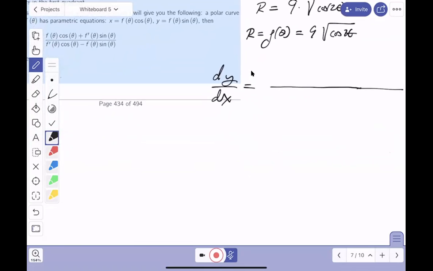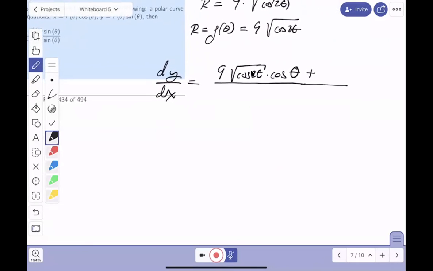Let's write this down. f of theta, that's going to be 9 root cosine 2 theta times cosine of theta. I'm not done yet. I'm going to put the bottom down. And now I keep going to the top. So what do you get over there? That's going to be f prime.